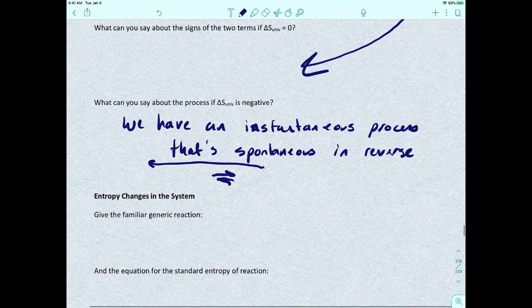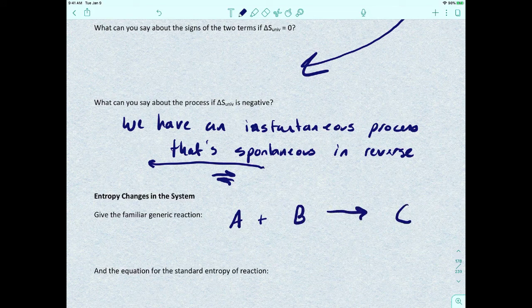Okay. So if we were to calculate the entropy changes in a system, and we had a generic equation, let's say you have compounds A and B, and they react to form compounds C and D. And let's say you've got stoichiometric coefficients lowercase a, b, c, and d.